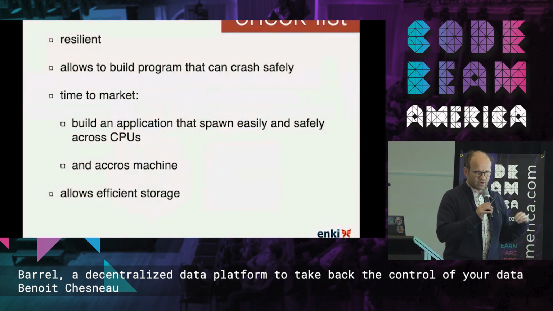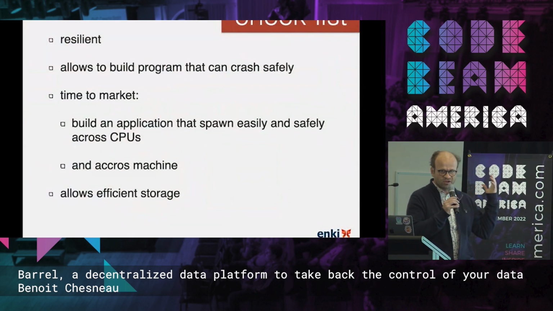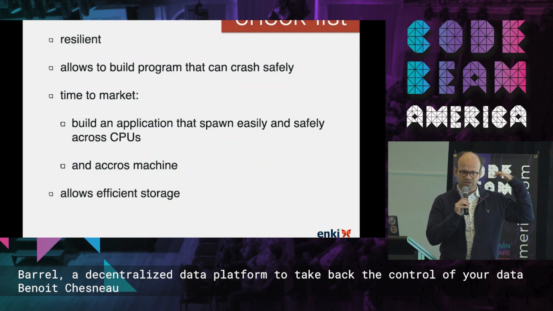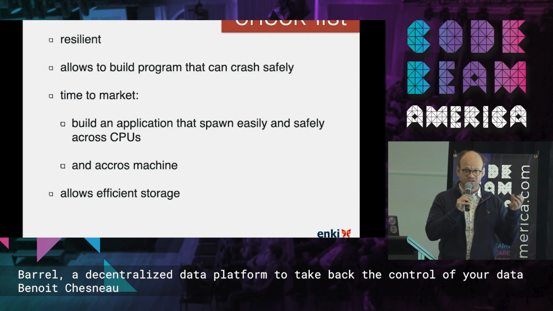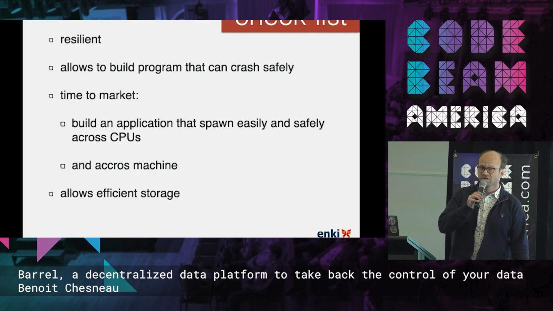In fact, let me share the checklist I had when I built that. I wanted something resilient, something able to resist when a node crashes, because crashes will happen. Whatever your testing suite is, whatever the use case, even if you do proper testing, it will crash at some point.